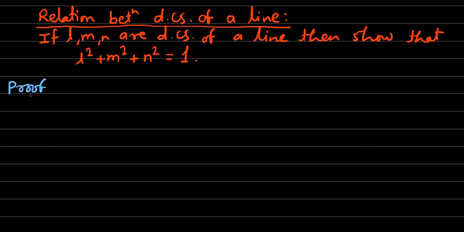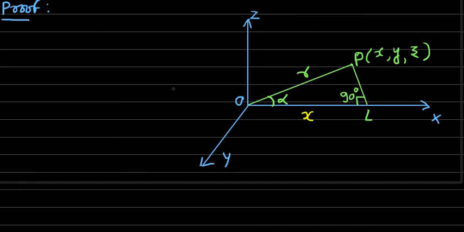So for the proof, as usual, we have to consider the figure that we considered just some time before. Okay, see here, let P be a point having coordinates x, y, z. We join the point P to the origin by a line, and that line is OP.